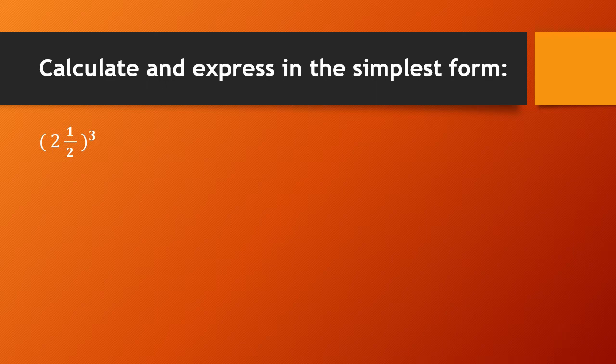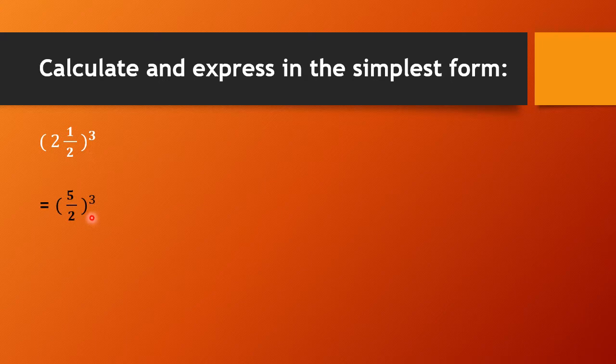In this exercise, there is a mixed number, (2 1/2)^3. So we will change the form of the mixed number to an improper fraction. 2 times 2 equals 4, 4 plus 1 equals 5, so (5/2)^3.